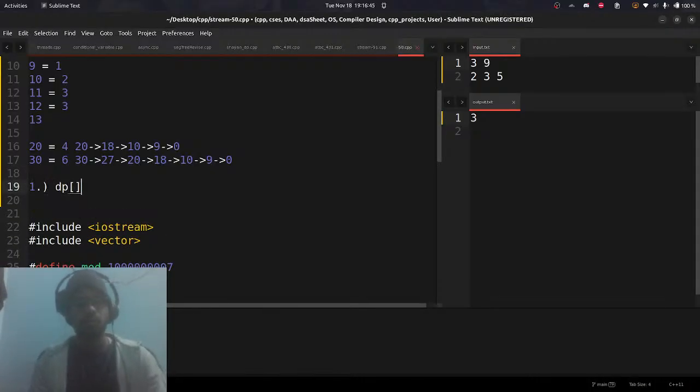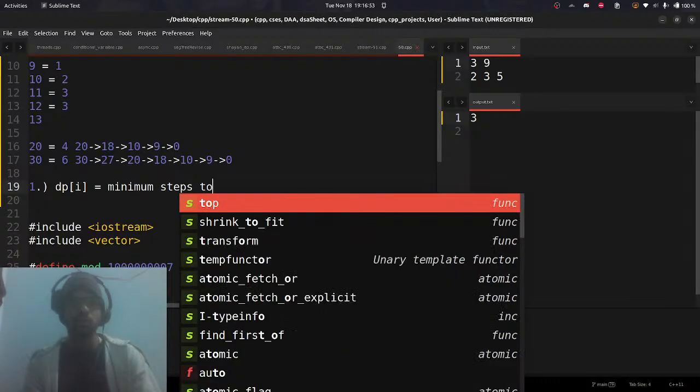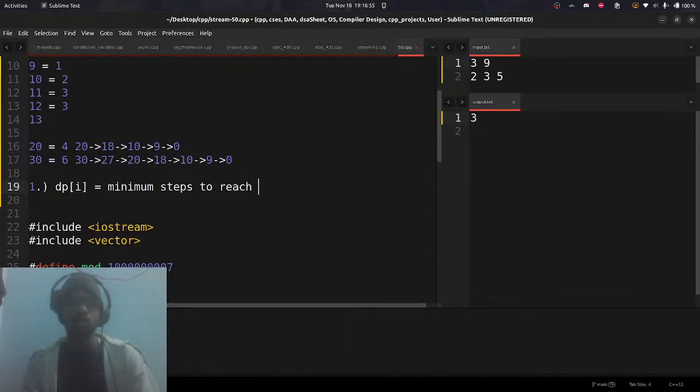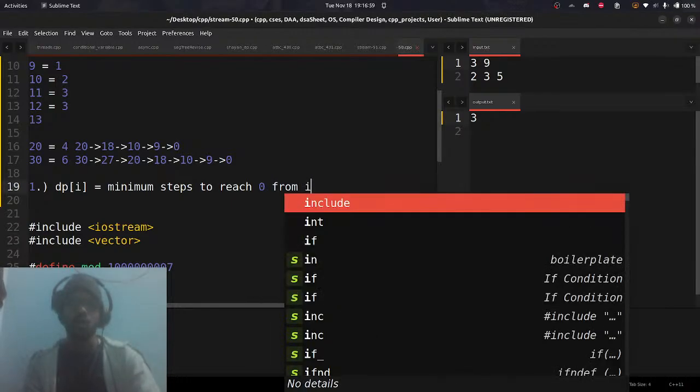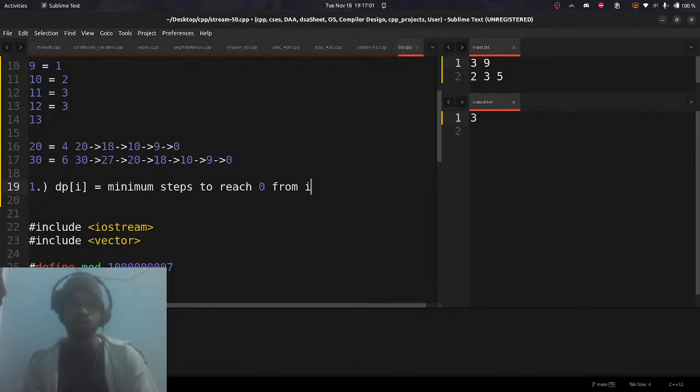Let's see. The dp state will be dp[i], which is nothing but the minimum steps to reach 0 from i. Okay. The base case.